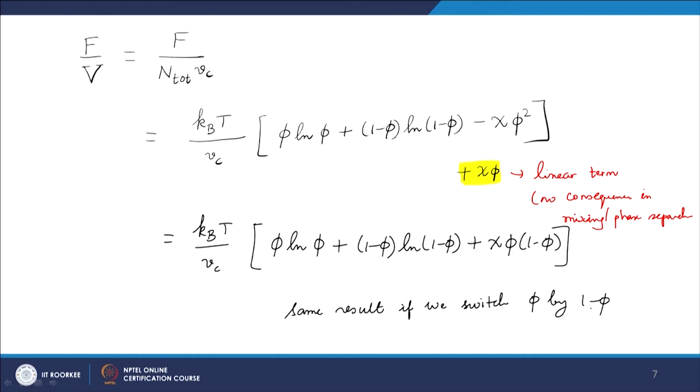So, we will have (1 − phi) ln(1 − phi) + phi ln phi + chi (1 − phi) phi, that will be the same result that we have here.